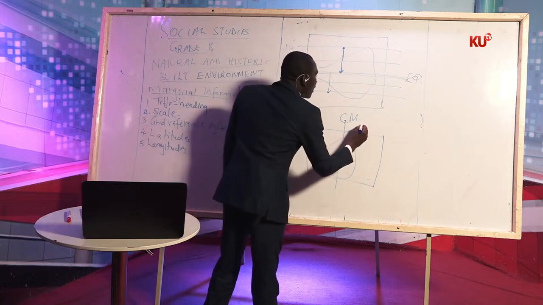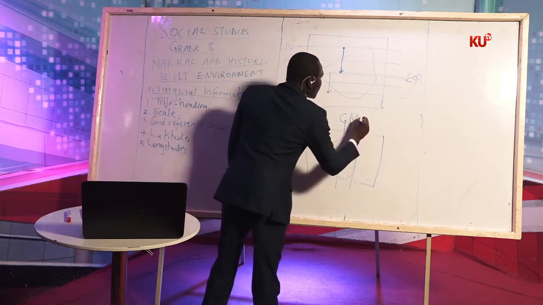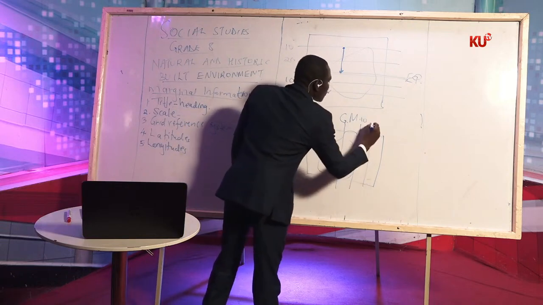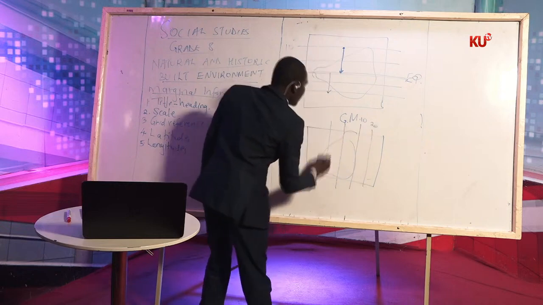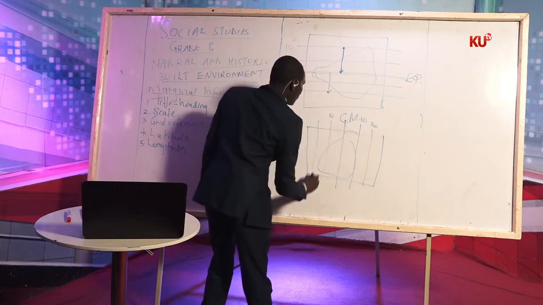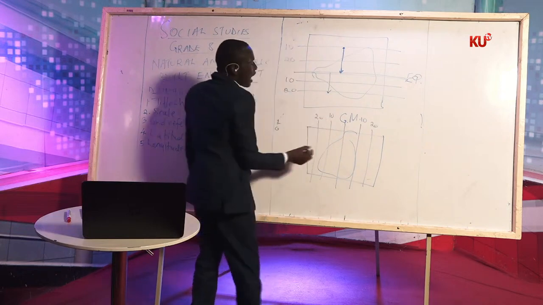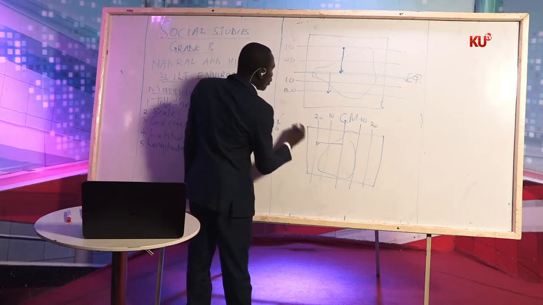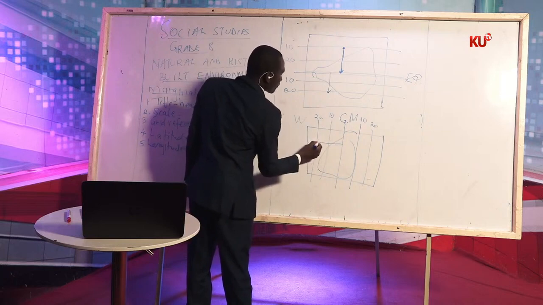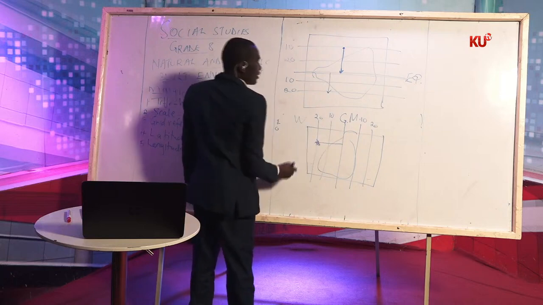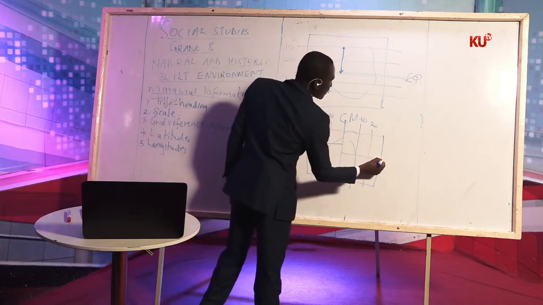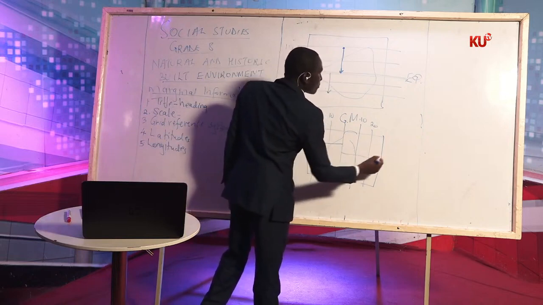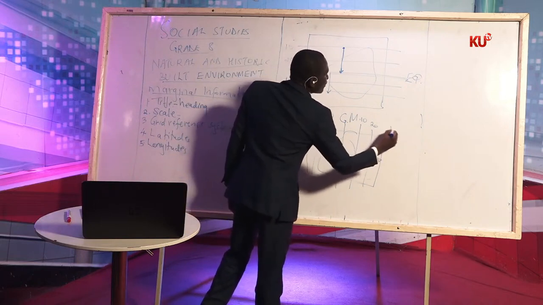So how far this place is, this is 10, for example, 20. This is 10, 20. How far this place is from the Greenwich meridian going to the west, and how far this place is from the Greenwich meridian going to the east.